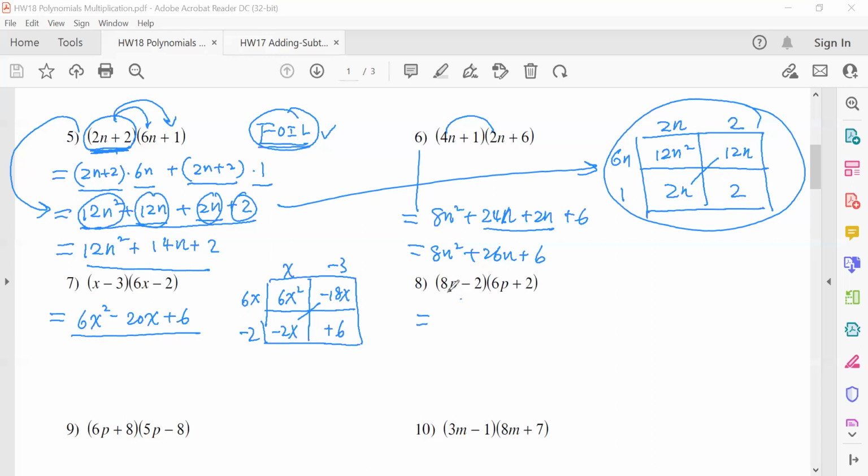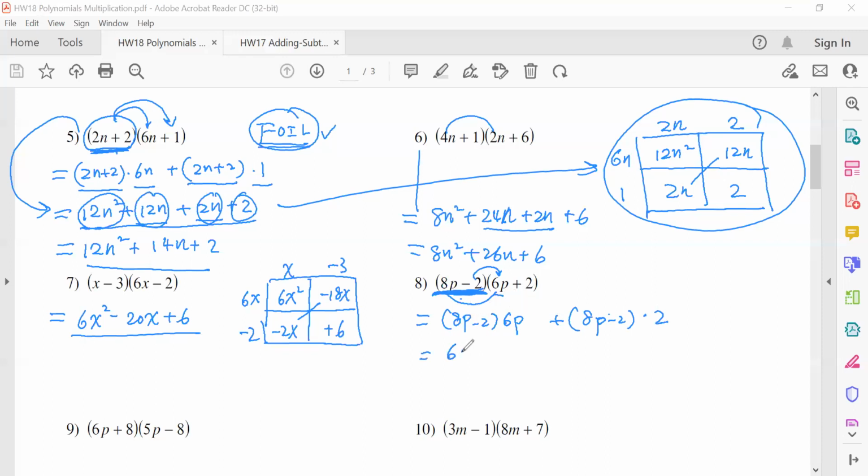So like this one. Firstly, like we said, you can use the distributive method. Consider this as one term, and distribute it inside. First distribute to 6p, and second distribute times 2. And then you distribute again, inside again.